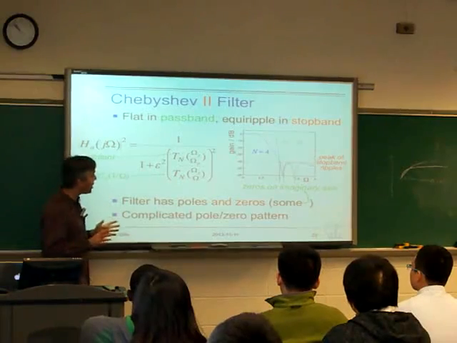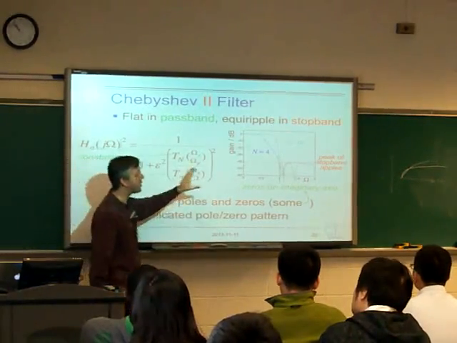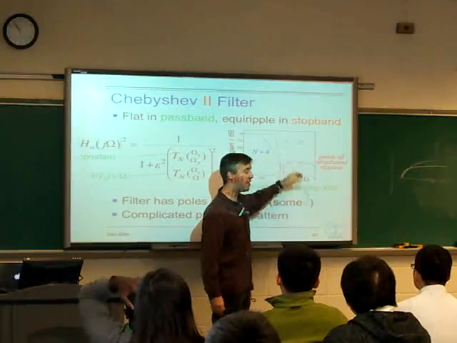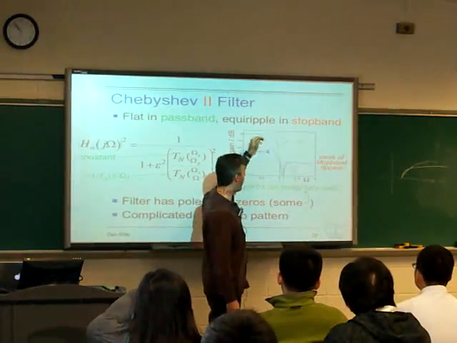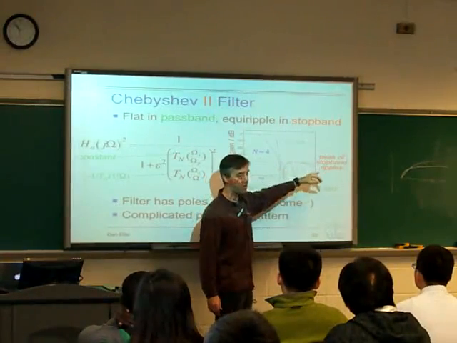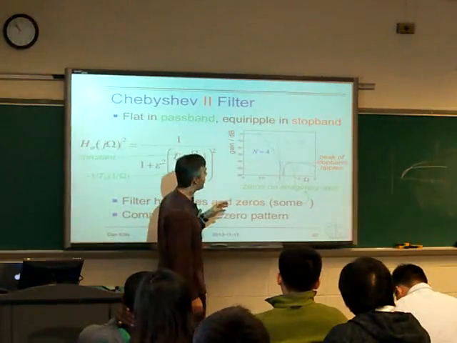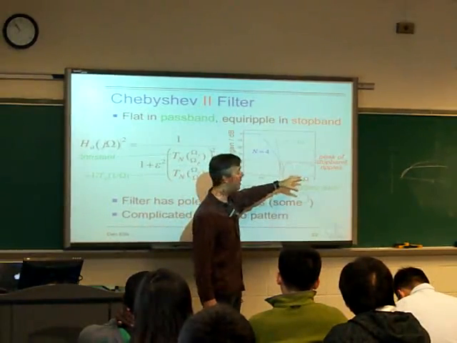The third kind of filter is the Chebyshev 2 filter, which is the complement of the Chebyshev 1. Chebyshev 1 had ripples in the passband and monotonicity in the stopband. Here we have flat monotonic gain in the passband, but then we have ripples in the stopband. So the main parameter we choose now is how large these ripples in the stopband are.